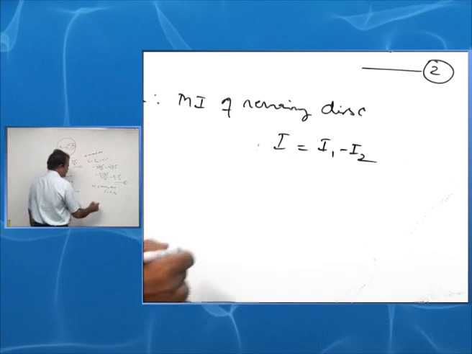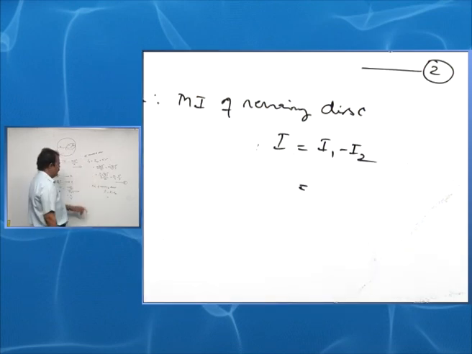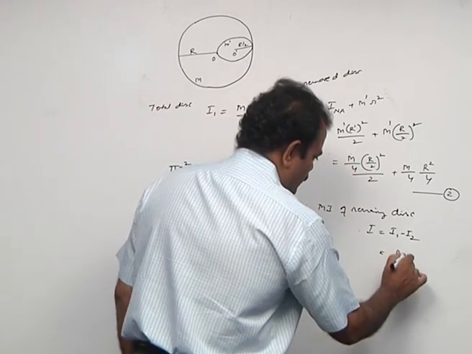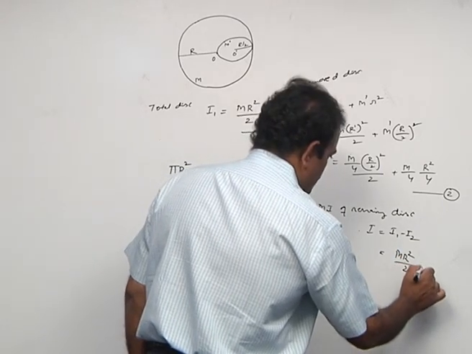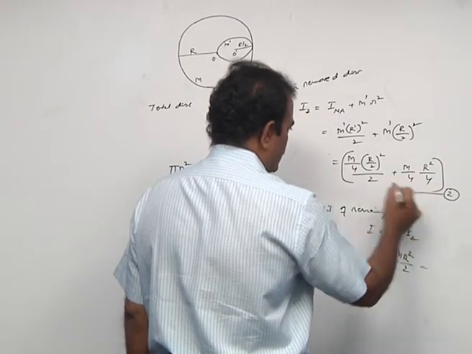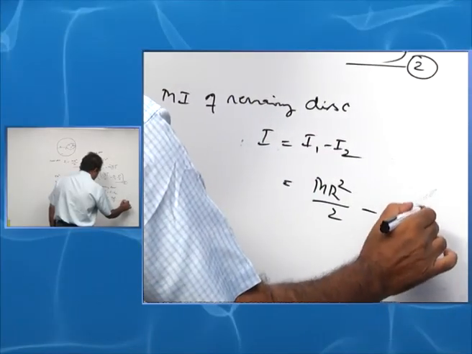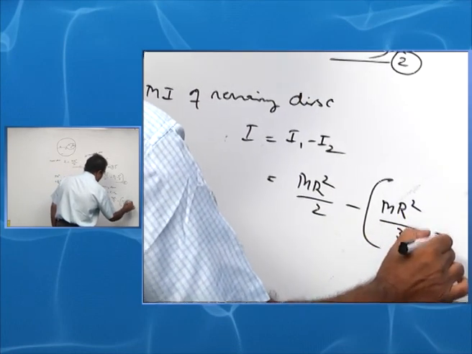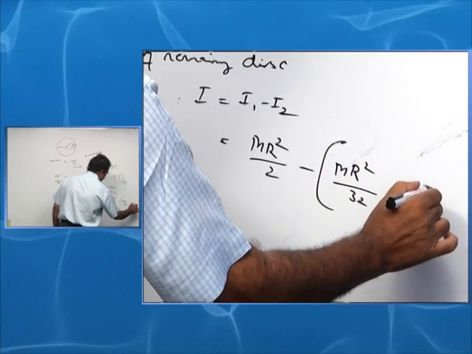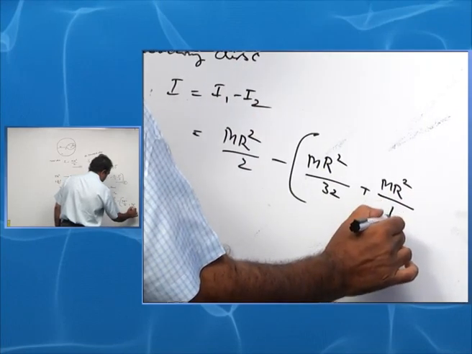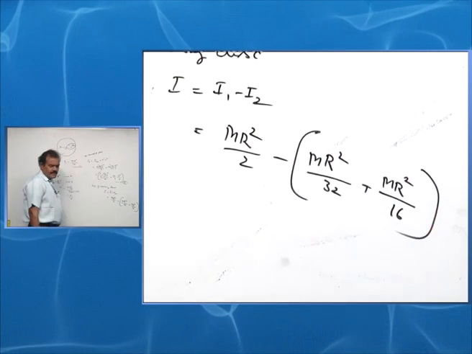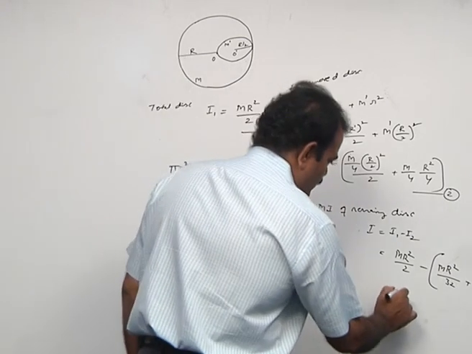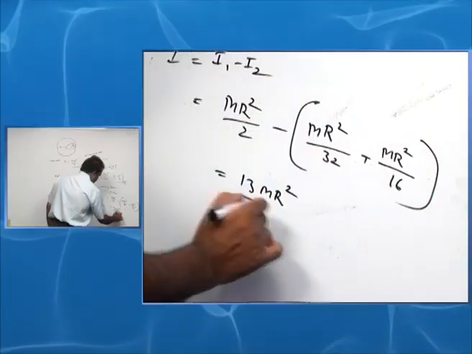I1 is MR² by 2, and I2 is MR² by 4 into 4 by 2, which is MR² by 32, plus MR² by 16 to be taken. Then you get the required answer: 13MR² by 32.